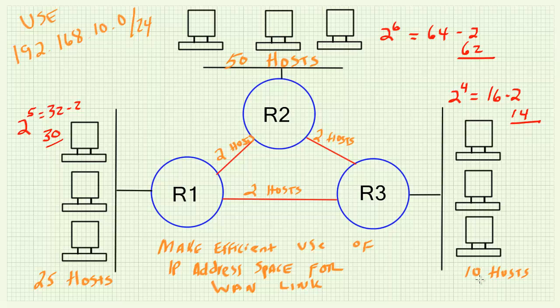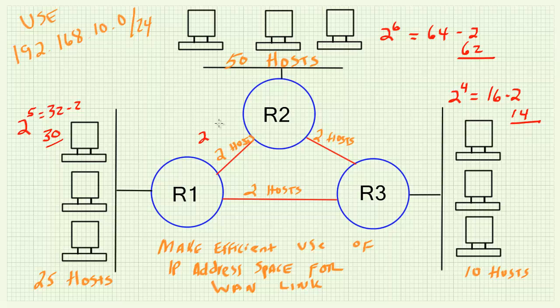So what about these wide area network links where we need some very small networks that will accommodate 2 hosts each? How do we do that? Well, we do it exactly the same way. I'm going to take 2 and write it up here. And what power could we raise 2 to to get the 2 host addresses that we need for each of these point-to-point links? Well, this is kind of an interesting case, and it works just exactly like the rest.